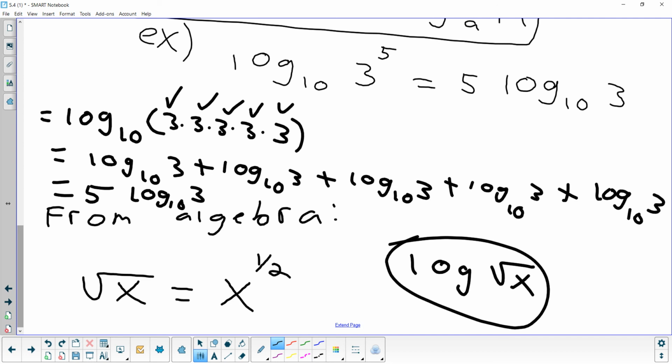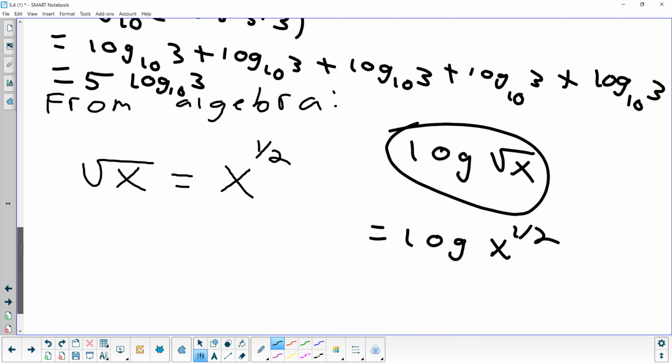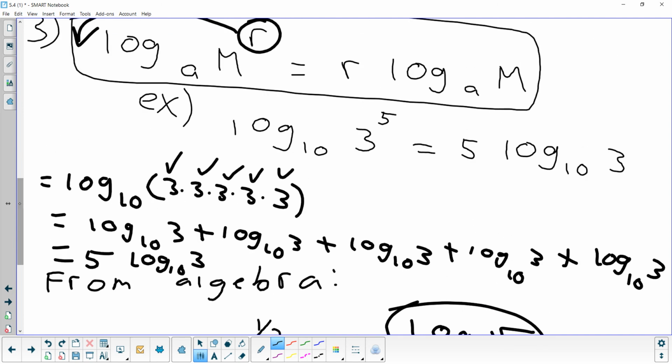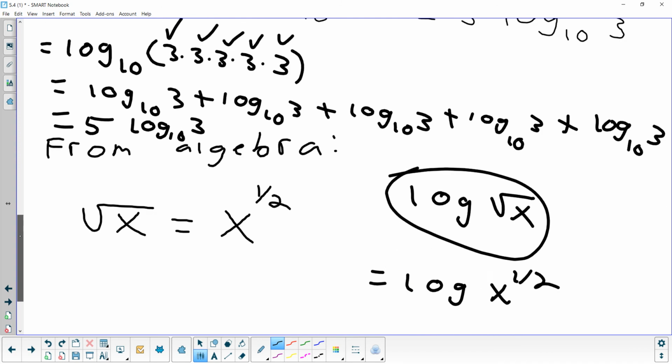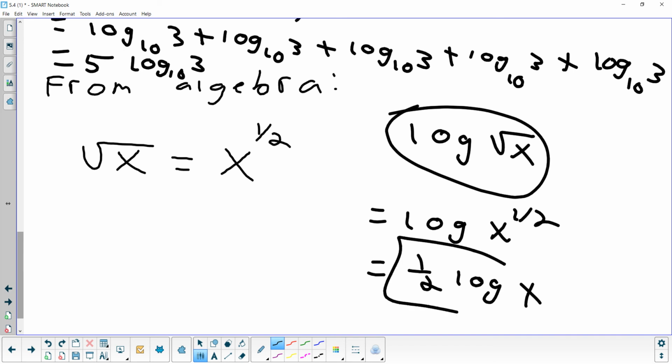There's a hidden exponent of 1/2 right there. And rule 3 allows you to take that exponent and drop it down in front. So remember, anytime you have a square root in an argument to a log, you do have an exponent that's hidden. And you would want to put it in front. That's what I would be looking for in a problem like that.